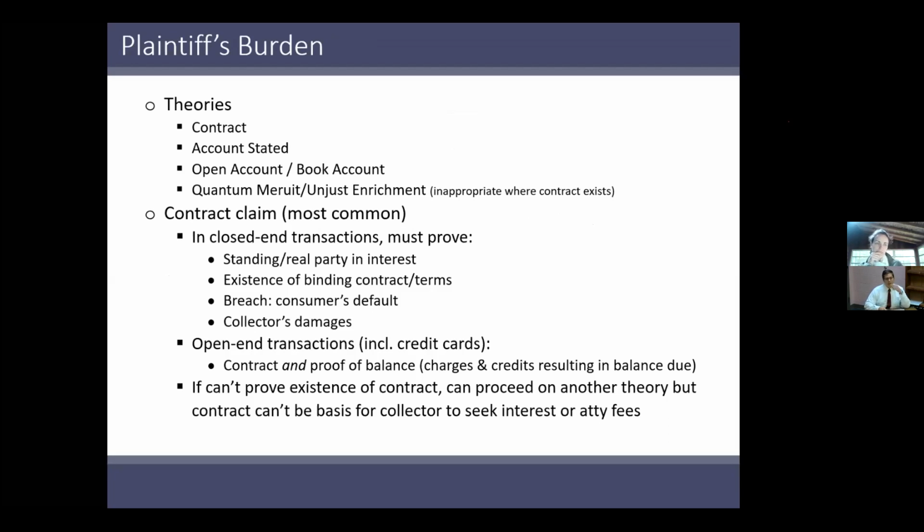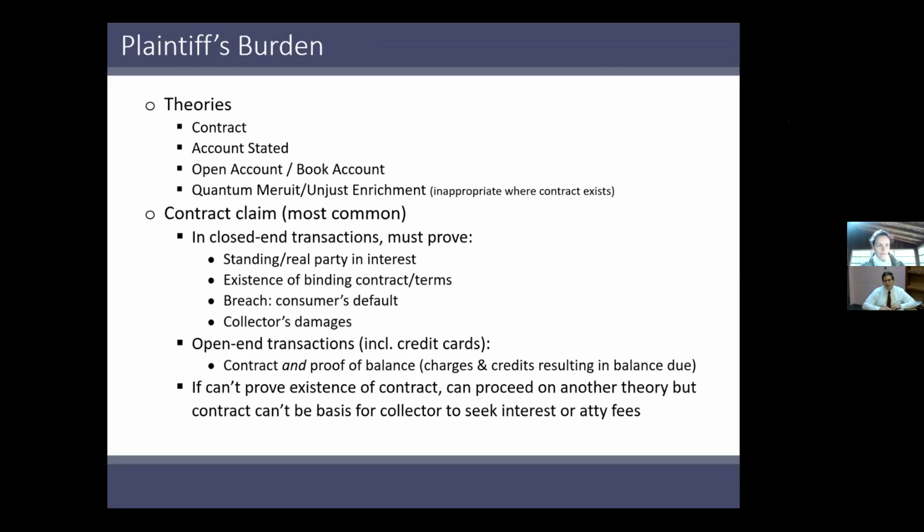Because what they do, I should have gone into this a little bit, is they buy these debts, they get a huge file of documents that have been scanned, and sometimes they don't get everything. They might get a contract, they might get a couple of statements of accounts from the client's file, or they might have way more. Sometimes I think it's related to how much you want to pay for it, and so that's going to be a good tell, the type of theory they bring.